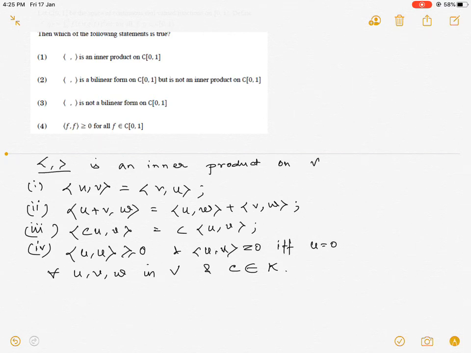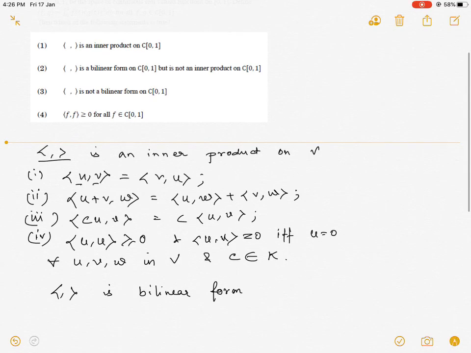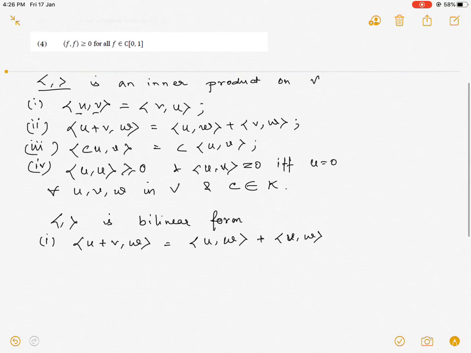Also, this function is said to be a bilinear form if the function is linear in both u and v. That is, number 1, <u+v,w> equals <u,w> plus <v,w>. Number 2, <cu,w> equals c times <u,w>.